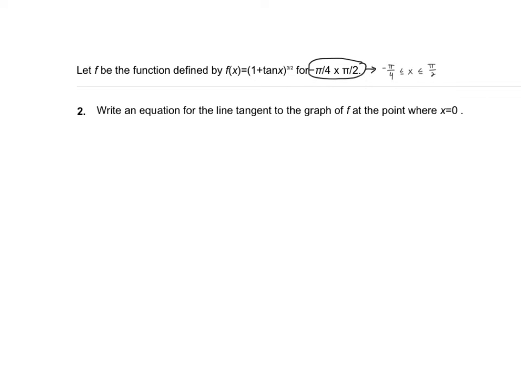So find the equation of the tangent line means finding slope, which is derivative, and then finding the full point also. So we know the point's going to be 0 comma something, and just have to plug it in to find the y value. Okay, so it doesn't matter what we do first. Maybe I'll plug in 0 to get the y value of the point first.